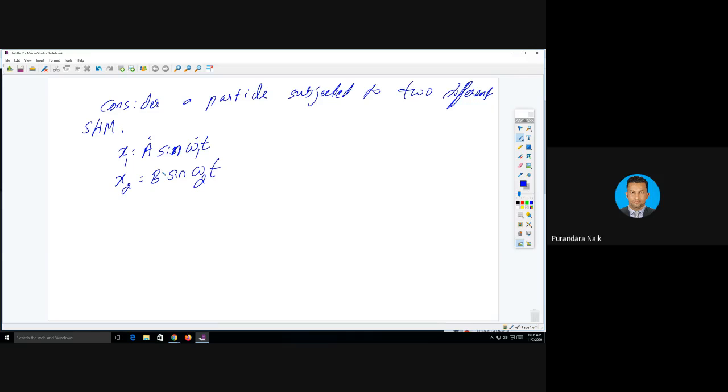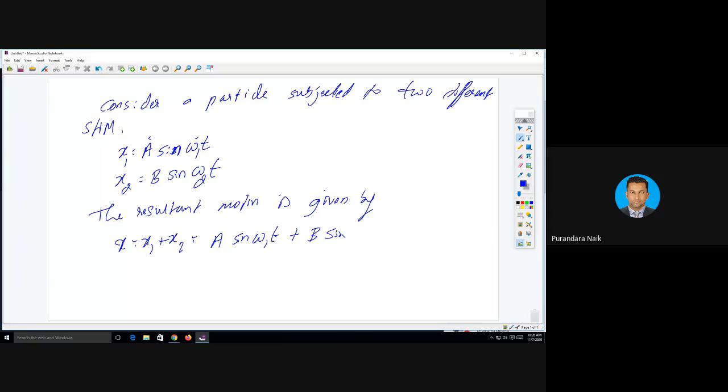So the resultant motion is given by x is equal to x1 plus x2 is equal to a sine omega 1t plus b sine omega 2t. This is the resultant.